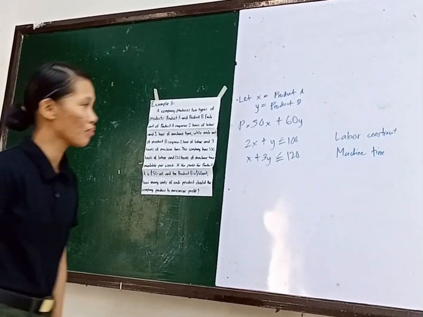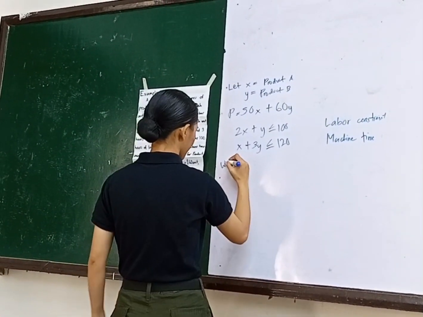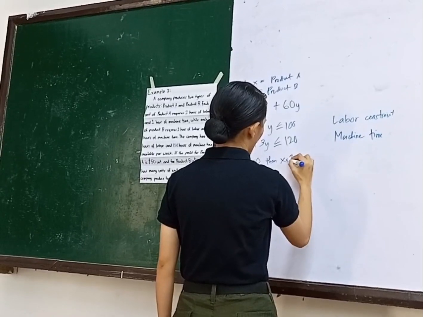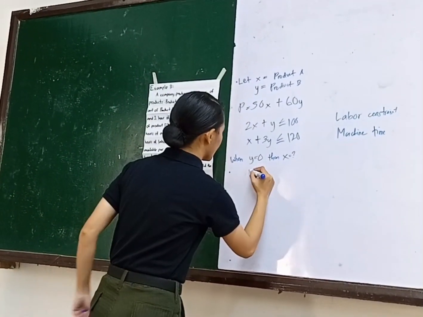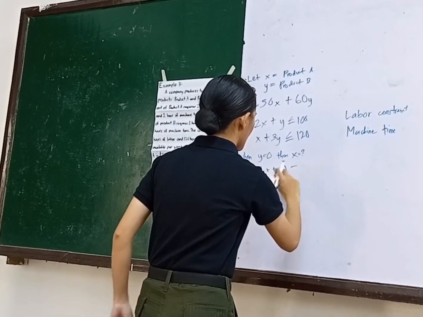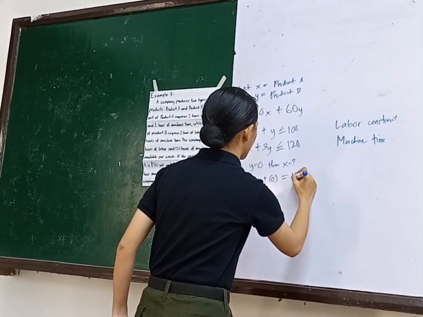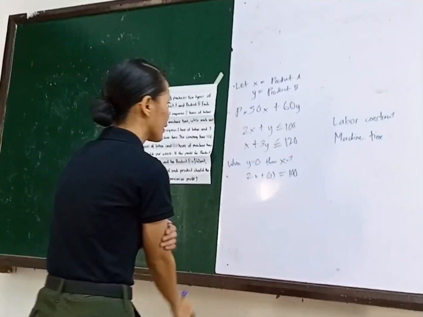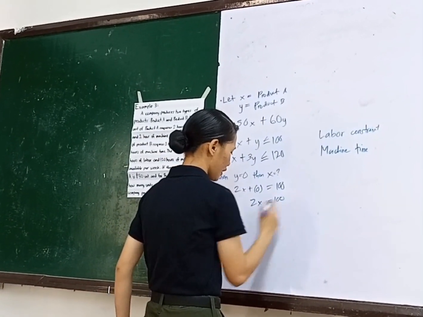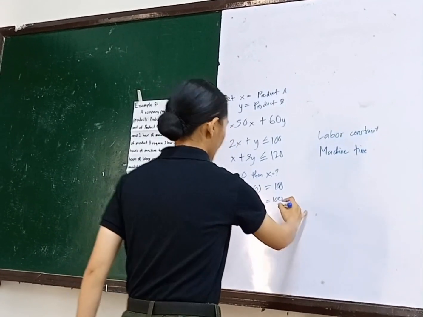Constraint. And now, let's graph the constraint to find the feasible region. When y equals 0, then x equals unknown. So we got 2x plus 3 times 0 equals 100, and then 2x plus 0, so 2x equals 100, and then we divide: x equals 100 divided by 2, which is 50.